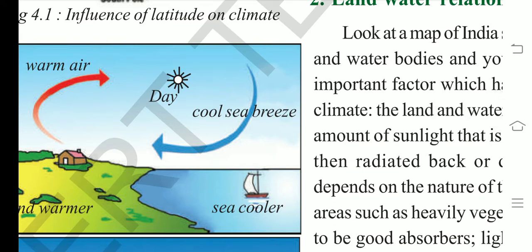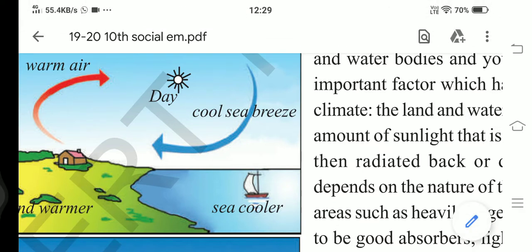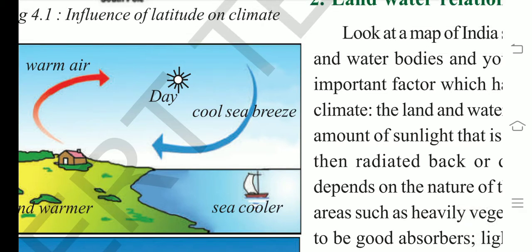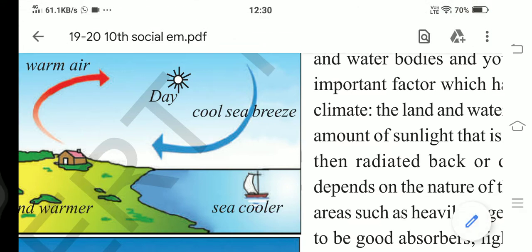In that way, the climate of a land part is influenced by water bodies, so the land near the sea, the coastal area or the ocean will experience a moderate climate.